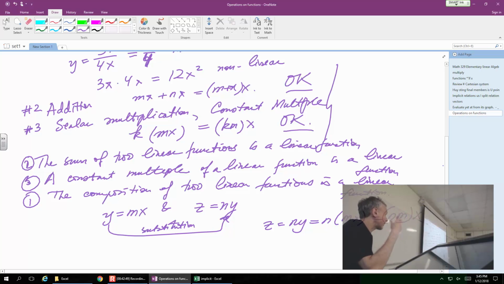Simply we're multiplying the input by a fixed number every time. So two consecutive linear functions, you multiply by one number and then by another number. So the result is once again just multiplication by a number. Okay, so these are the three main operations. We'll just see them in a different context very soon.